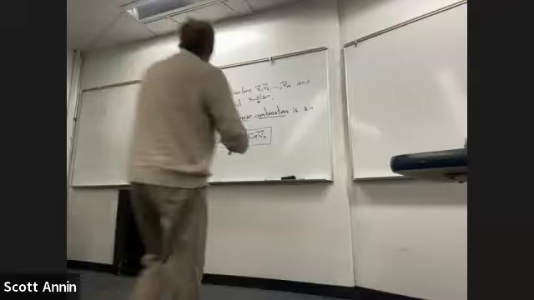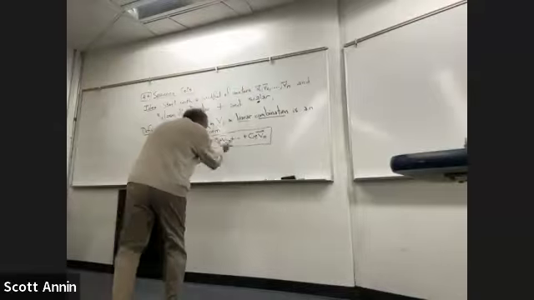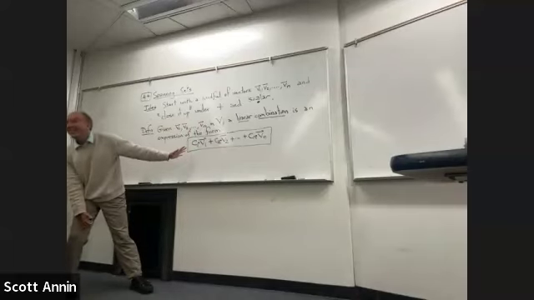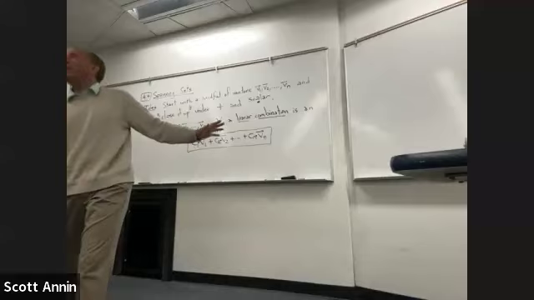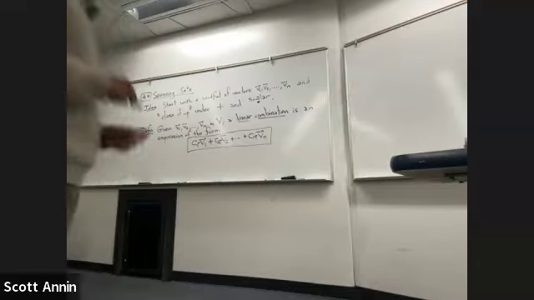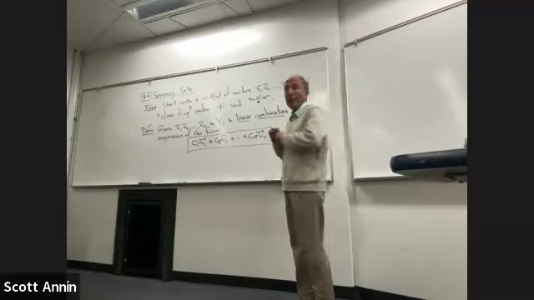We're going to close it up under the operations by throwing in all of these. We're going to make every possible linear combination of those vectors that we started from, and as long as we do that, we have a better chance of having a subspace.